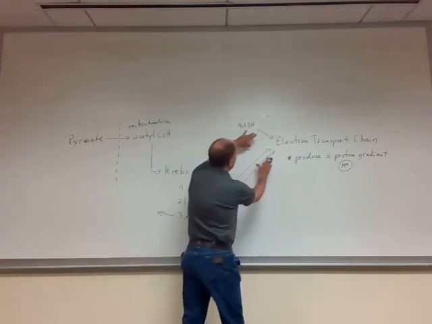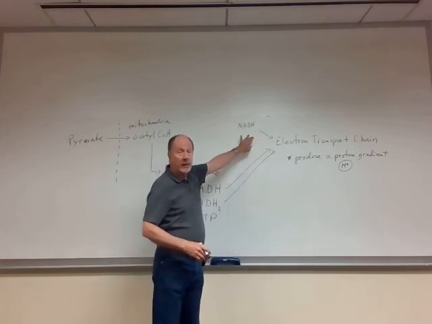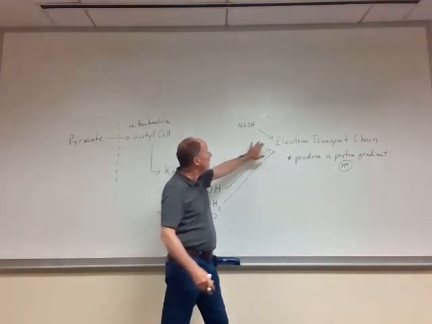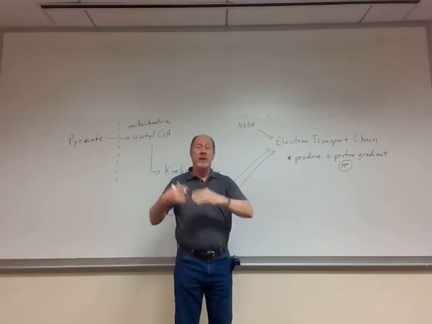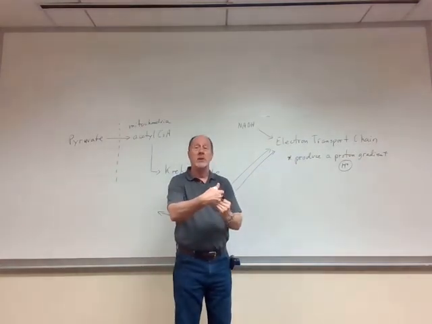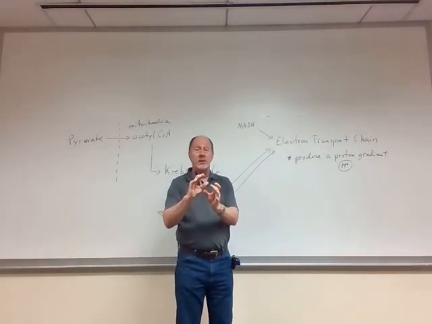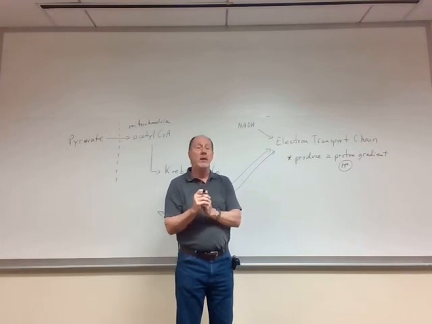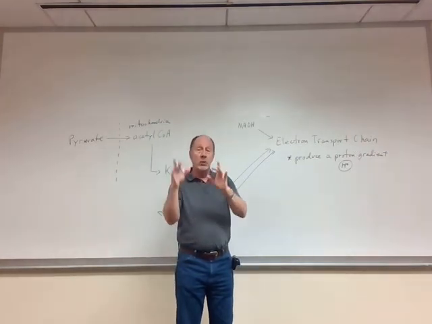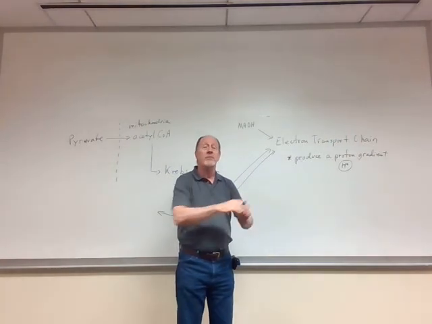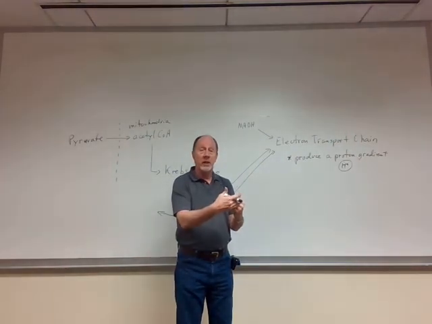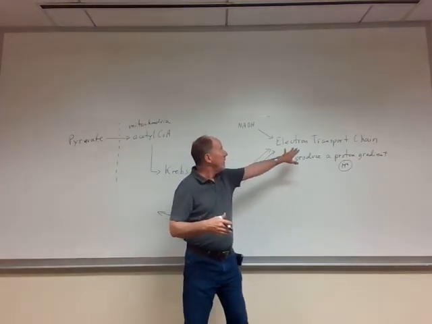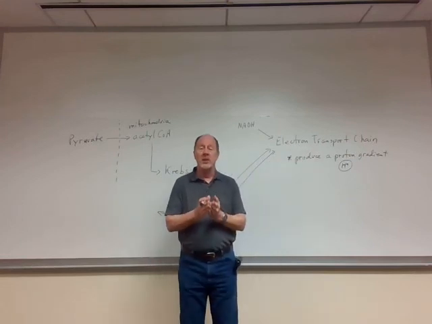The energy supplied by the electron shuttles that are here, they come to the electron transport chain and they drop off their electrons to the proteins in the electron transport chain. And as the electrons go from one protein to the next, they discharge energy. Some of the proteins that are in this chain are proton pumps.